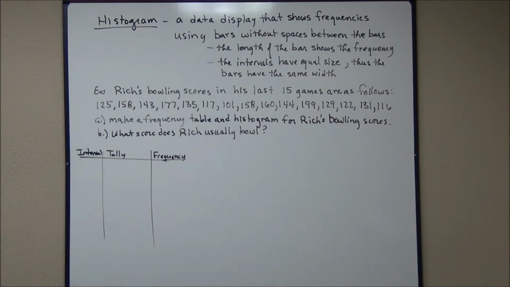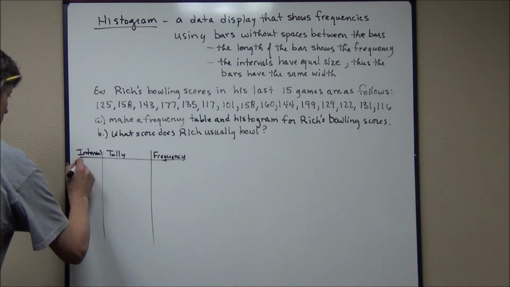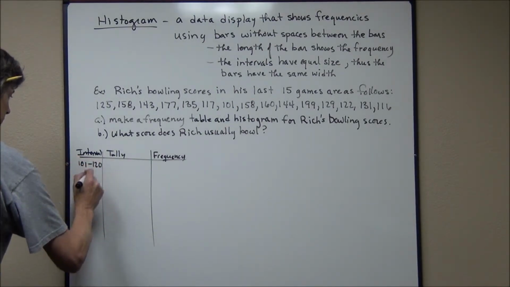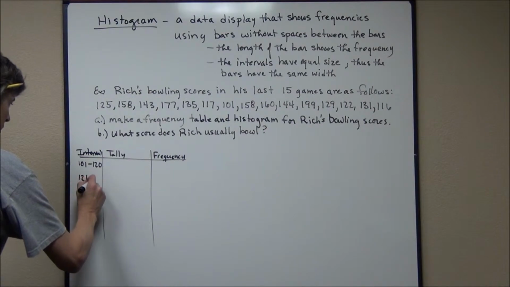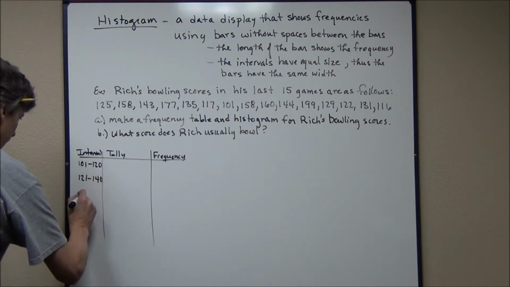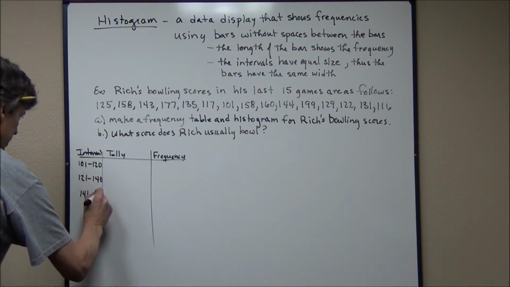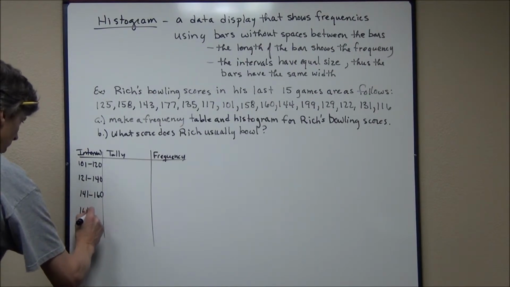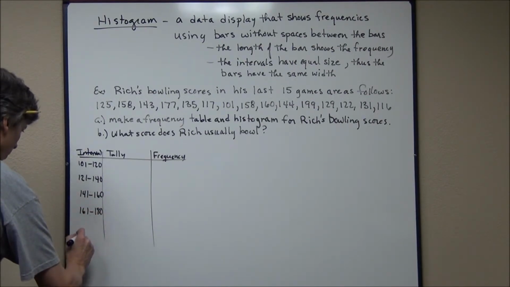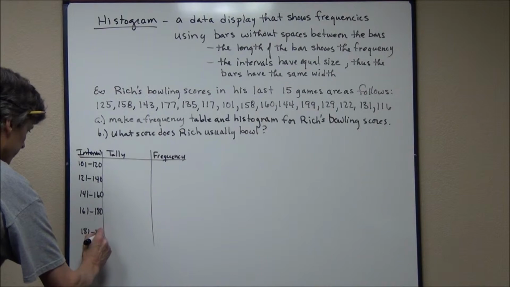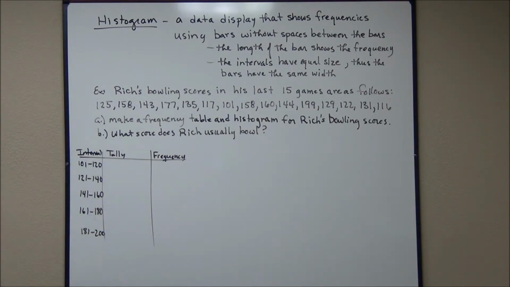Let's not kill ourselves with 10s. Let's do 20s. Let's go from 101 to 120, 121 to 140, 141 to 160, 161 to 180, and 181 to 200. I think if we do by 10s, we'll have so many bars it'll be very difficult for us to read. So we'll do intervals of 20 here.